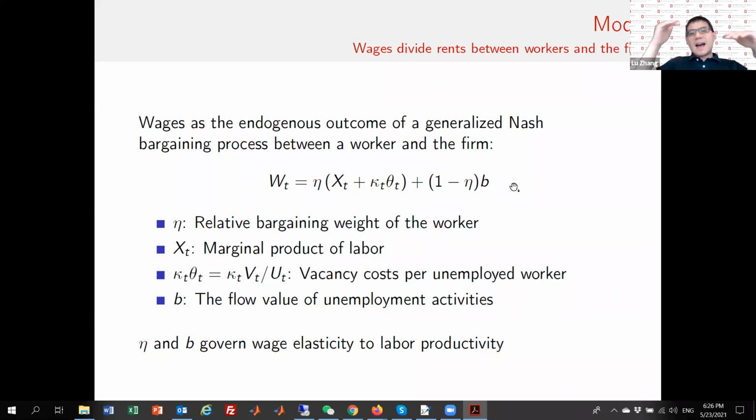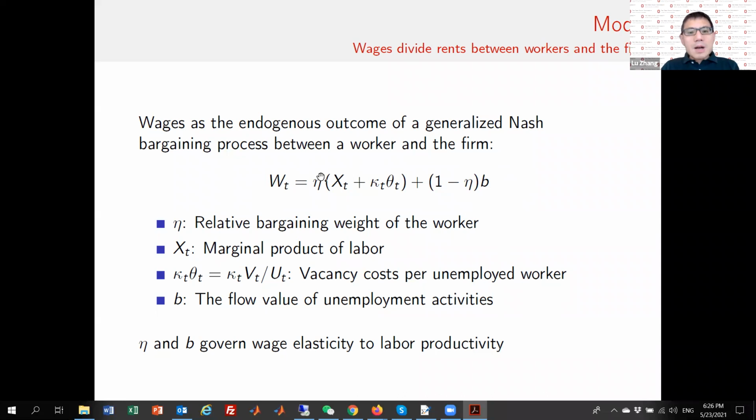And finally, if you can simply sit at home, enjoying leisure, unemployment insurance benefits, for example, if my flow value of unemployment activity is high, then the company has to pay me more.